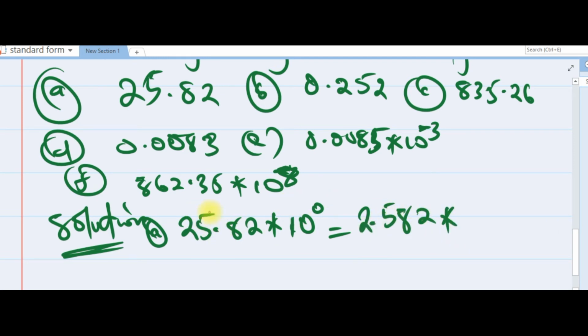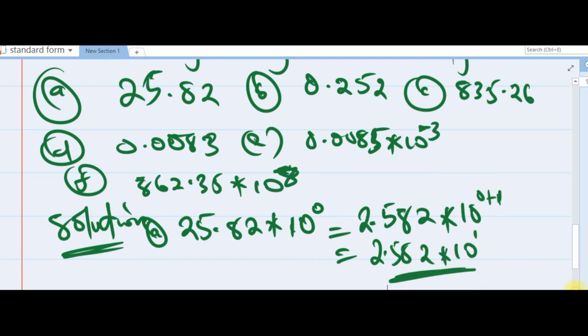We moved just one place, so we do 0 plus 1. Because we moved back, we add, and the 1 is because we moved only one place. So our answer is 2.582 times 10 raised to power 1.